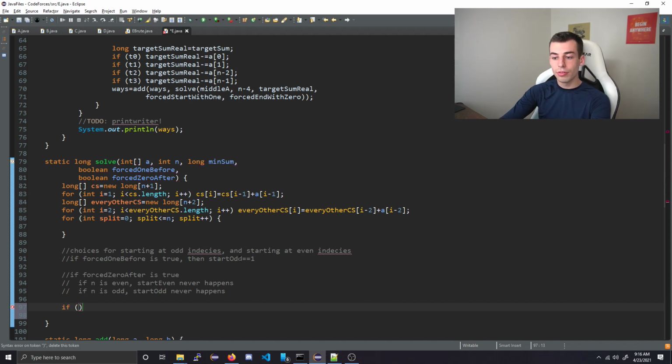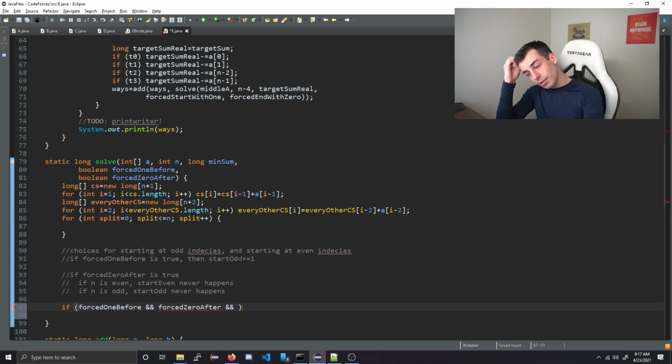So if forced 1 before and forced 0 after and n mod 2 equals 1.